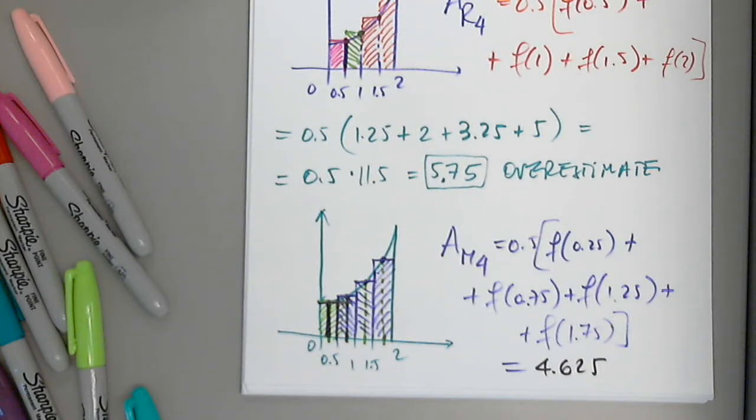Why did we use 0.25, 0.75, 1.25, and 1.75? Between 0 and 0.5, the middle is at 0.25. Here I used f of 0, here I used f of 0.5, and in the middle, I have to use f of 0.25. And then wouldn't it be 0.5 for 0 and 1?